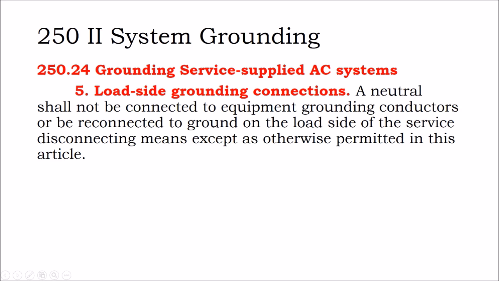Now, load side grounding connections, the neutral on the load side, and this is what you have to be careful of. A neutral on the load side shall not be connected to the equipment grounding conductor or be reconnected to ground on the load side of the service disconnecting means except as otherwise permitted.